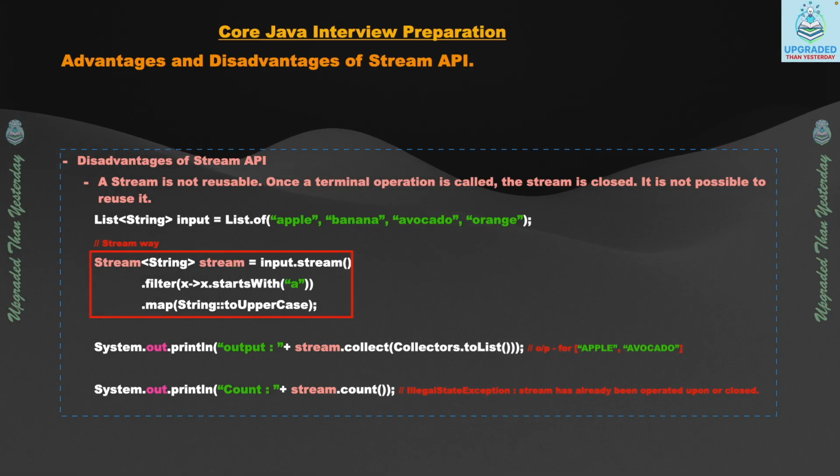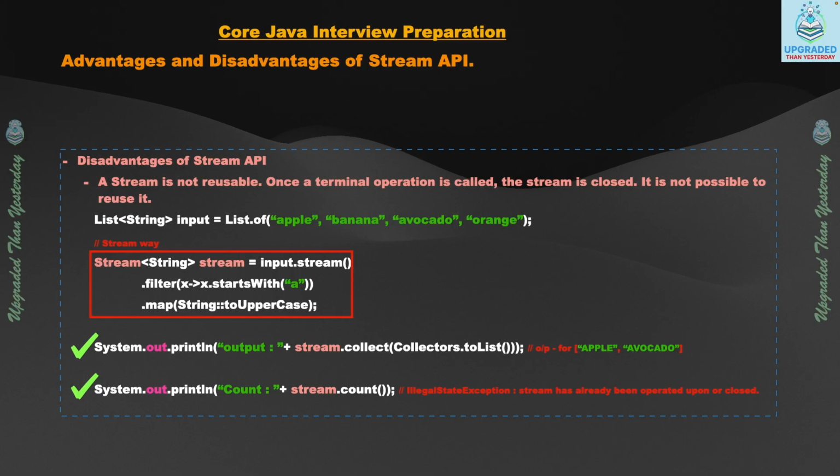Now, when the first terminal operation collect is called to print the output, it printed the output, and with that the stream got closed. When the next terminal operation count is called, it has thrown an IllegalStateException: stream has already been operated upon or closed.